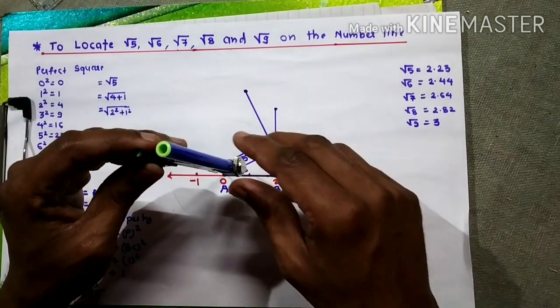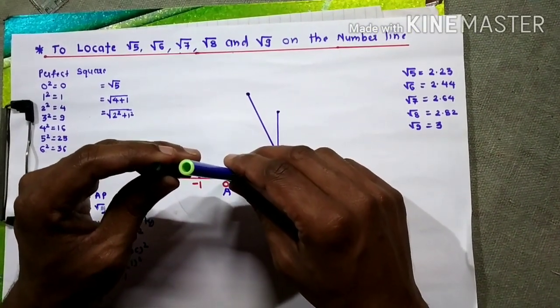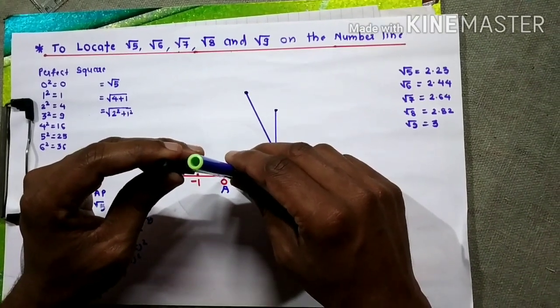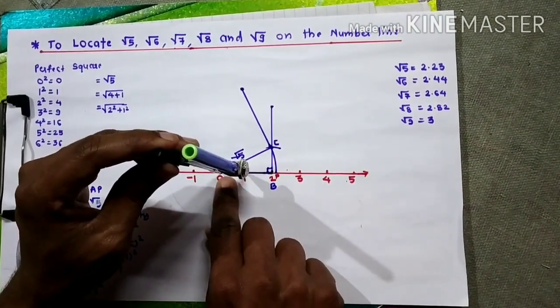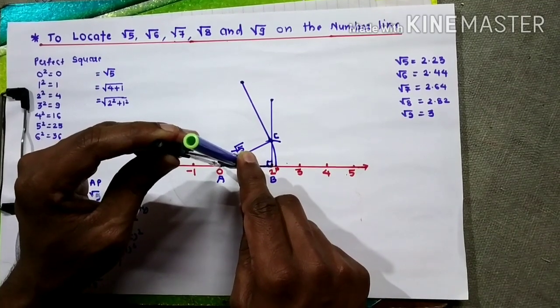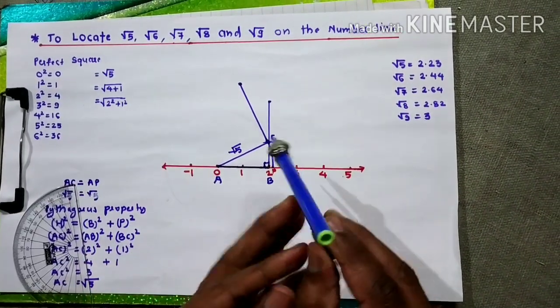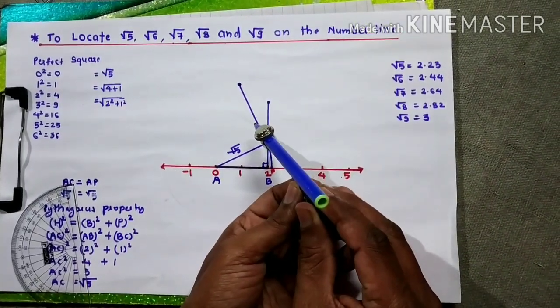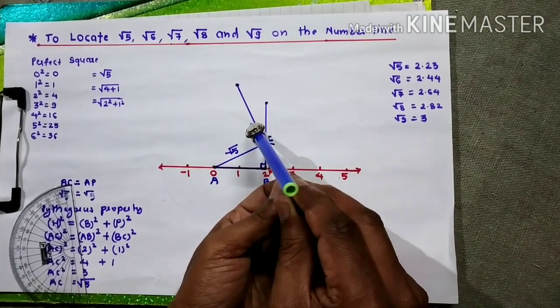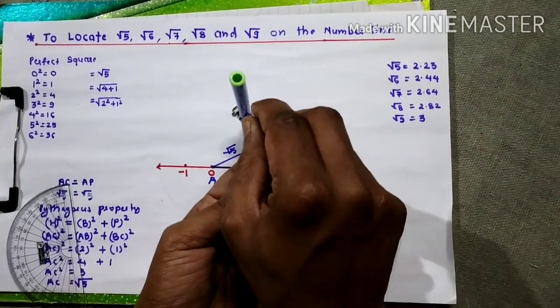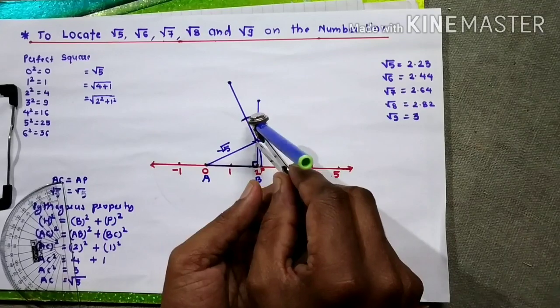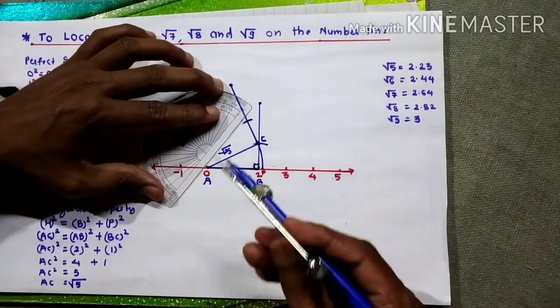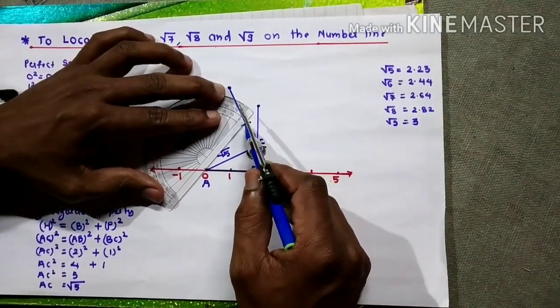Next, we have to take 1 unit distance here. 0 to 1, this is 1 unit distance. We have to keep the compass here and cut the distance of 1 unit. Next, we have to join these 2 points.